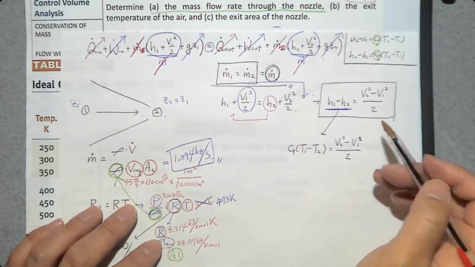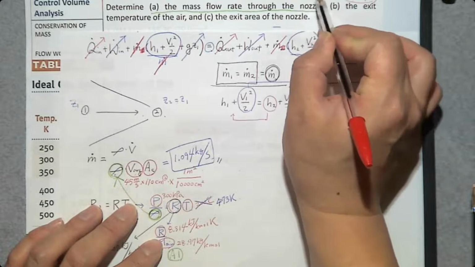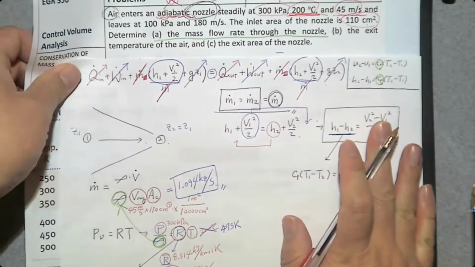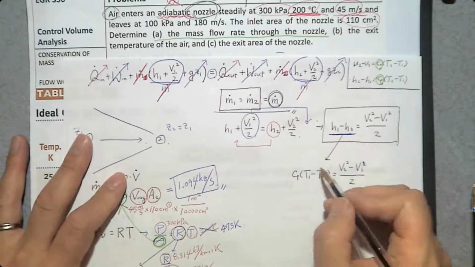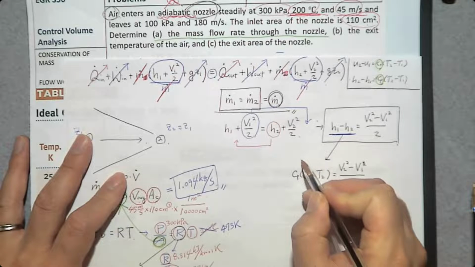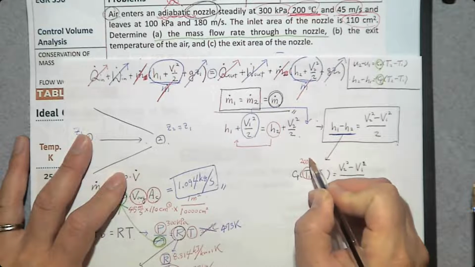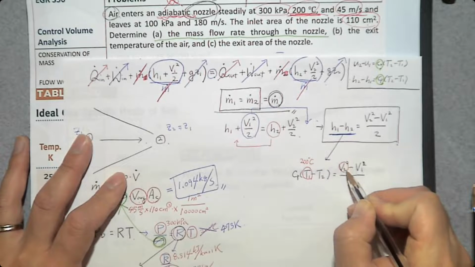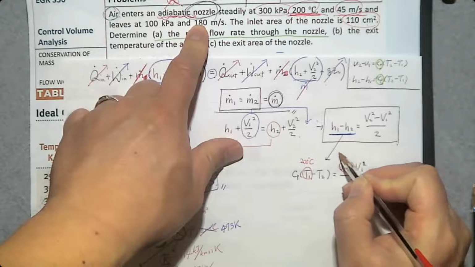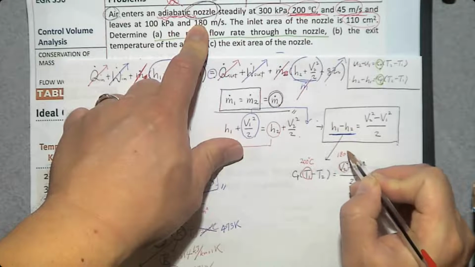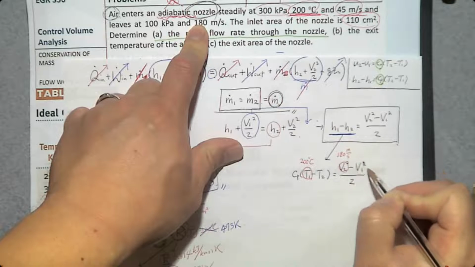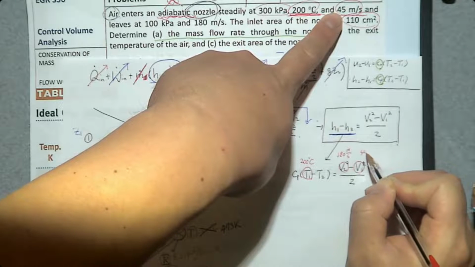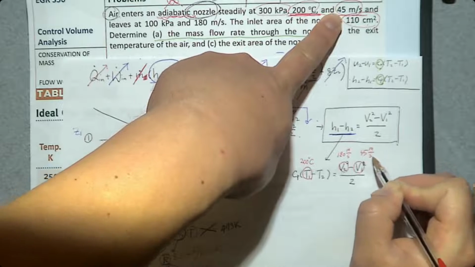Then, according to the problem, we know the temperature at the inlet is 200. So this one is 200 degrees Celsius. And the exit velocity is 180 meters per second. The inlet velocity is 45 meters per second.